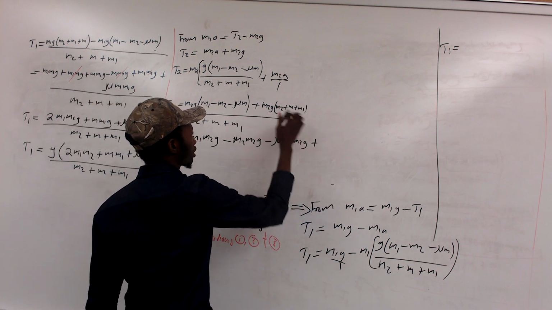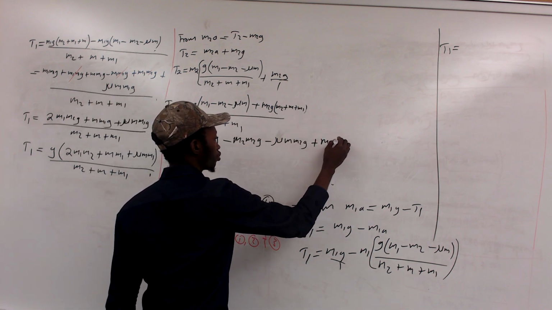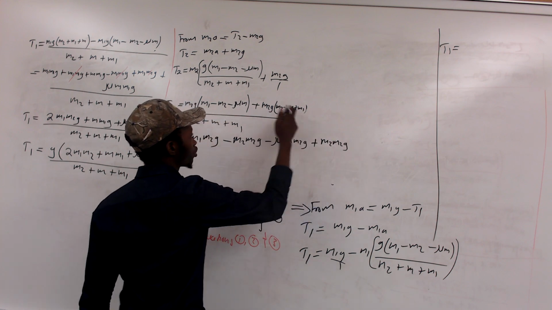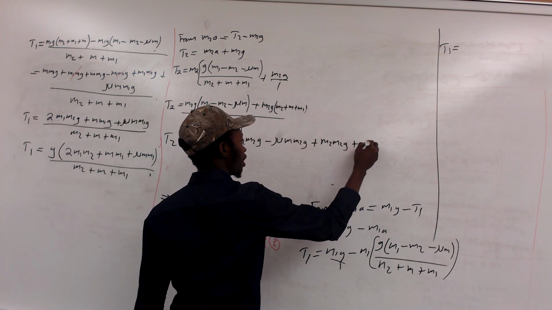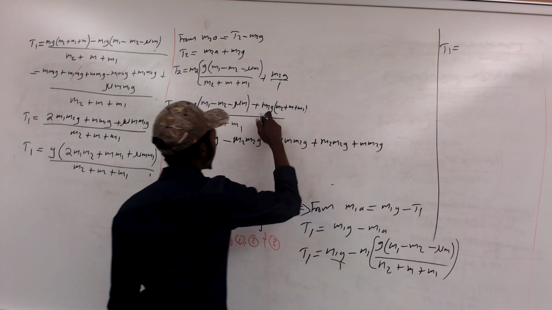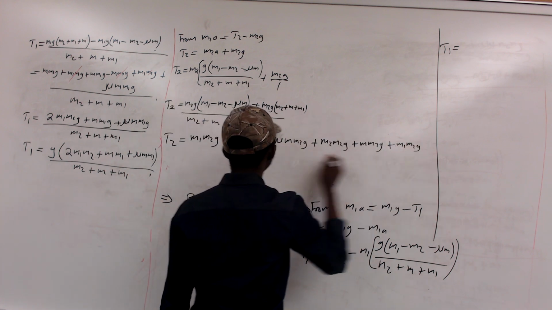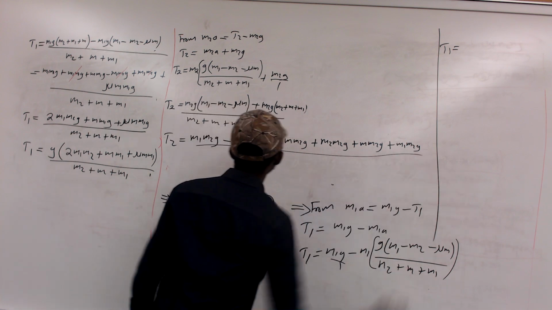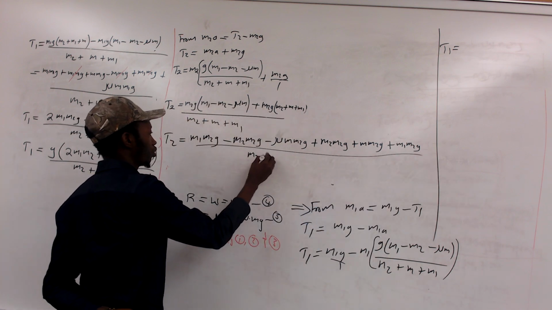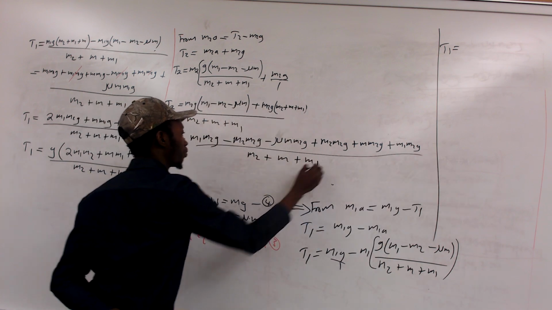Plus M2G times M2 is M2 M2G, M2G times M is plus M M2G, M2G times M1 is M1 M2G, all divided by M2 plus M plus M1.